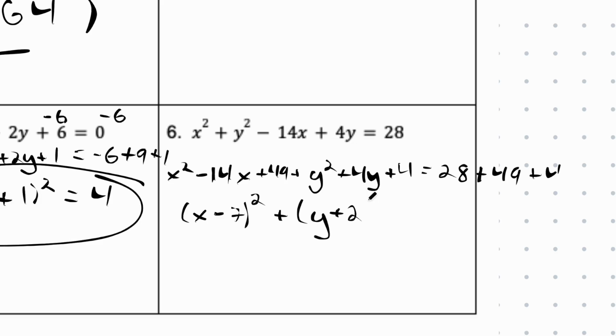Y plus 2 squared. And this gives us 28 plus 4, 32.